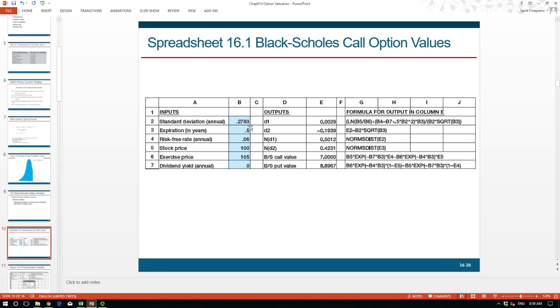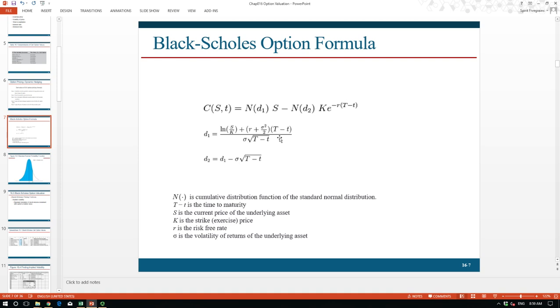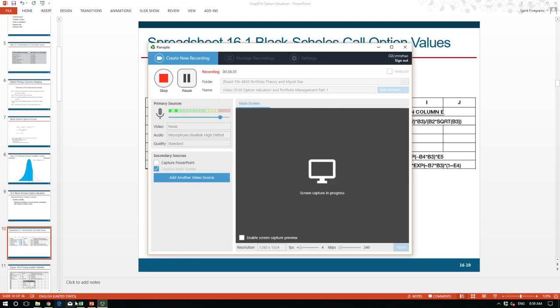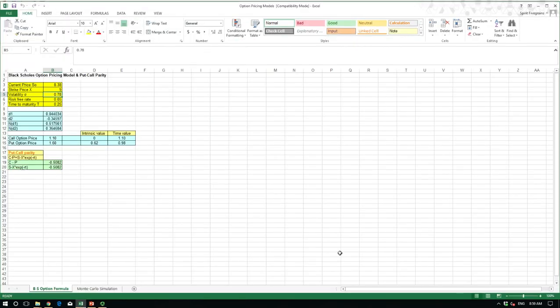Based on the 5 factors, you can calculate d1 and d2, and based on d1 and d2, you can calculate the probability measures N(d1) and N(d2). Once you get N(d1) and N(d2), apply the equation to get the call option price.